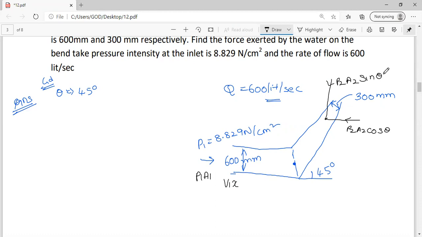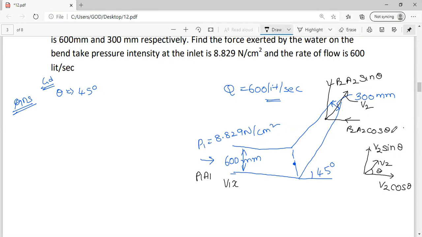Coming to the velocity, it is going upwards. This is V2. This V2 also has two components, V2 cos theta and V2 sin theta. That is the simple resolution we achieved.